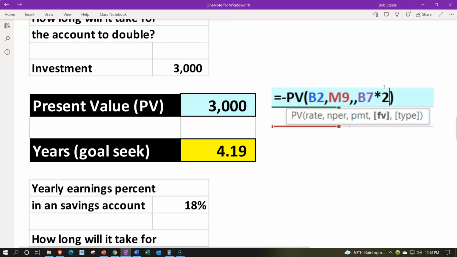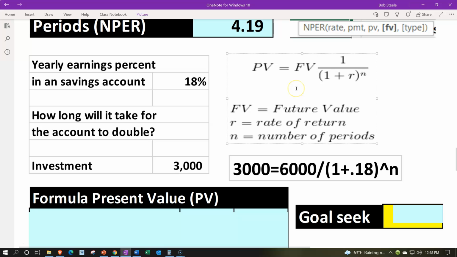Okay, so then we're going to go down here to the current format, which is going to be the mathematical formulas. We'll do in essence the same thing we did with the Excel functions, mathematically here. We'll do it from the present value side, the future value side.